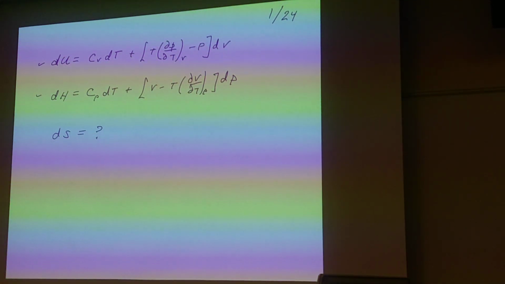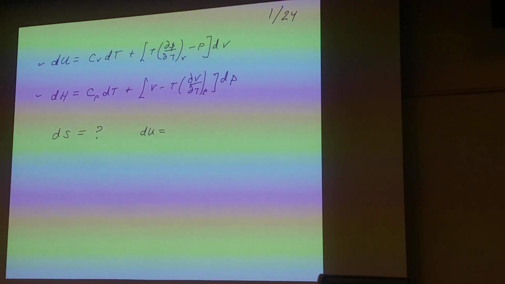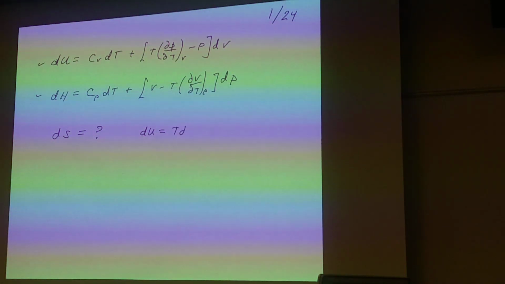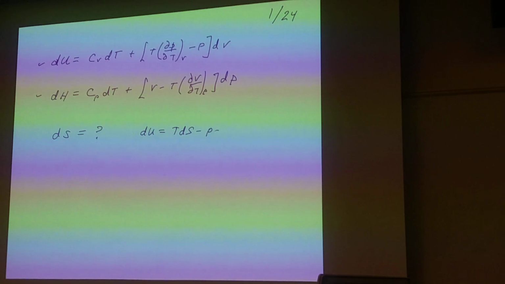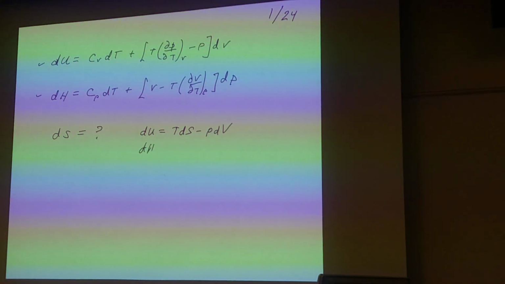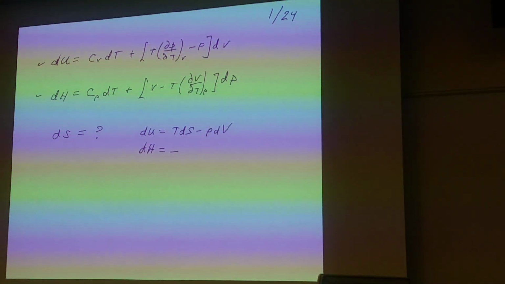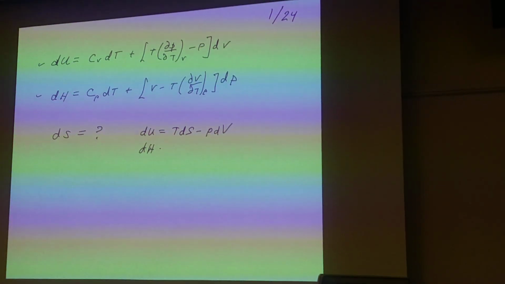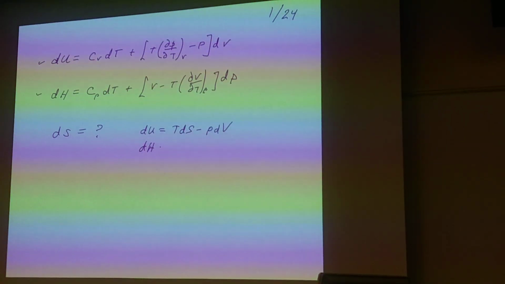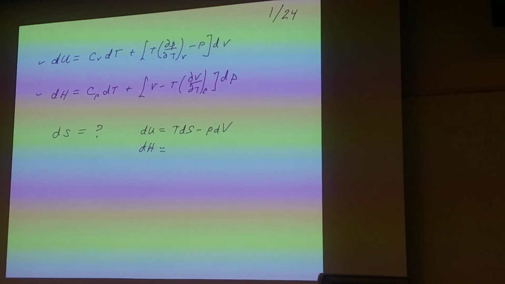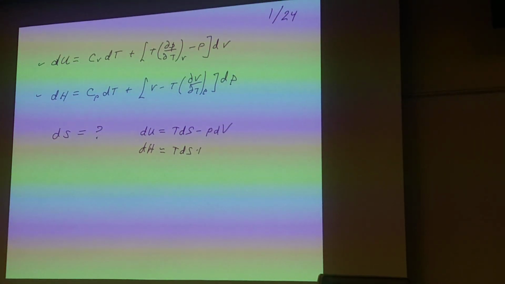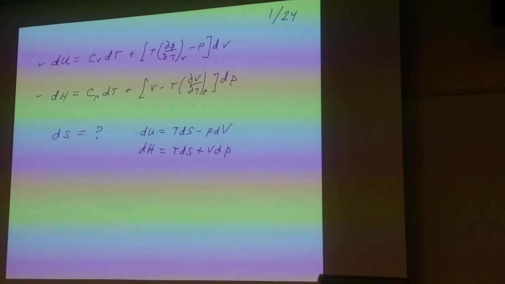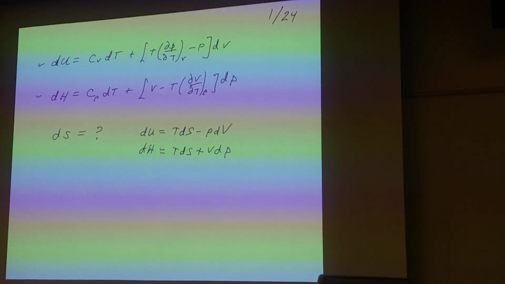Recall we've got du equal to T ds minus P dv, and dh equal to T ds plus v dP.